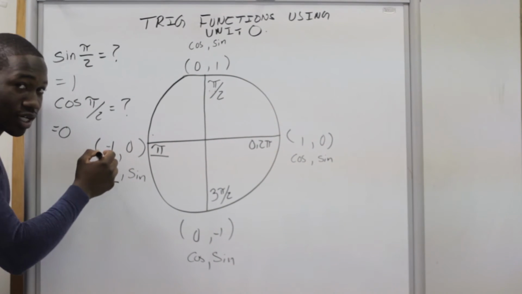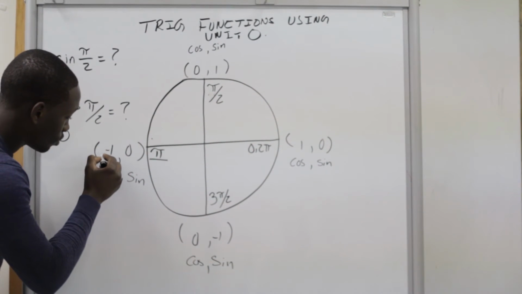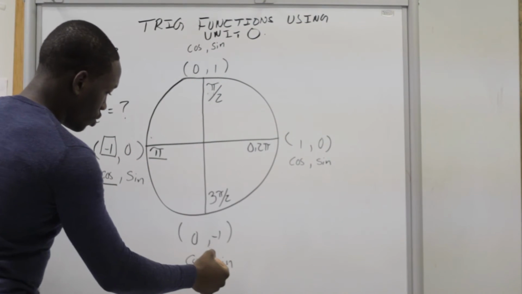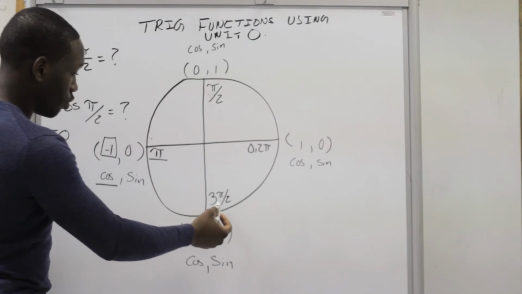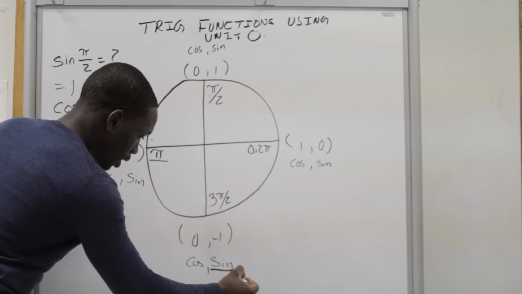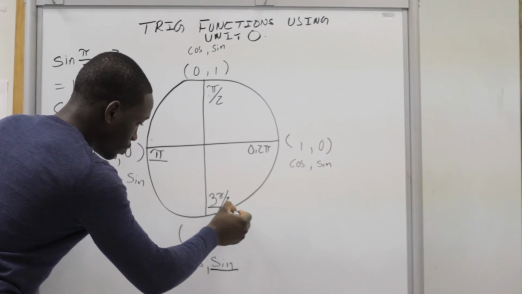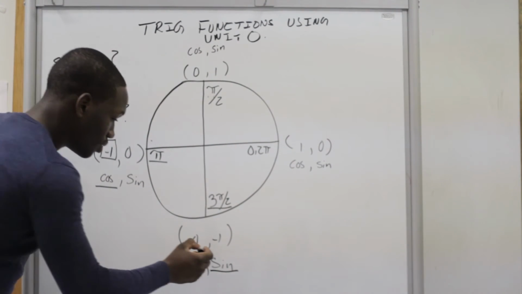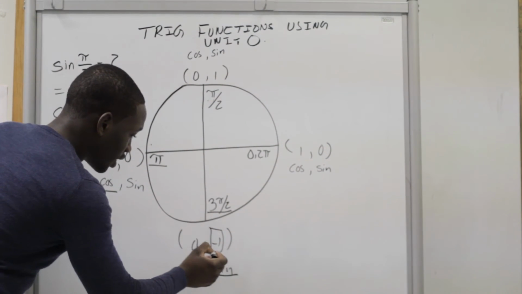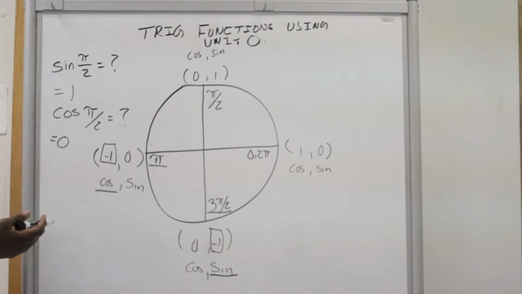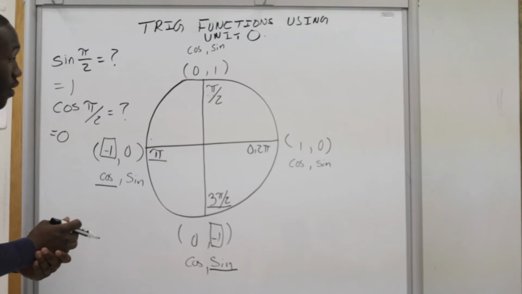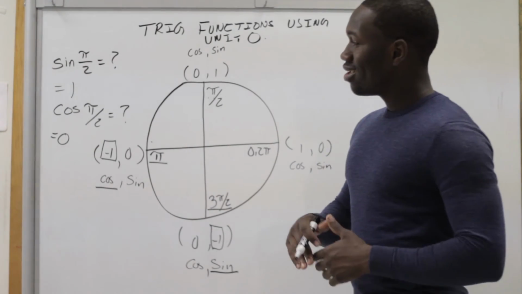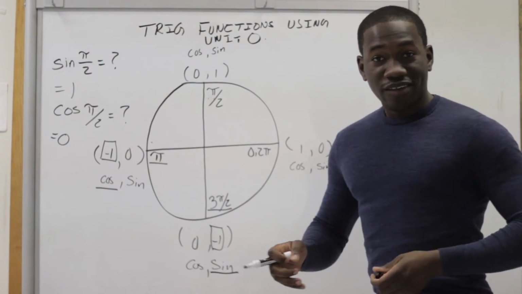Cosine is on the left-hand side, or your x value. The answer is negative 1. We want sine of 3 pi over 2. You see sine, you see 3 pi over 2. Sine is on the right-hand side, or your y value. The answer is negative 1. This is a basic understanding of how to utilize the unit circle to solve for trig functions.